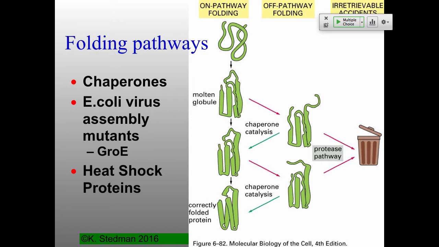So that seems to be exactly what these chaperones are doing. They're making sure that the right interactions happen, but that's mostly in terms of stopping the wrong kinds of interactions that happen.